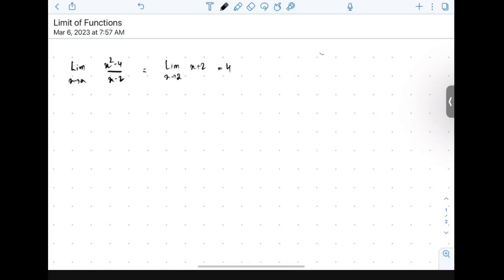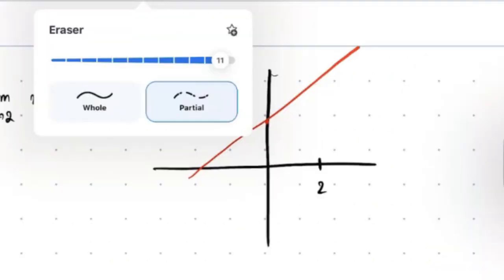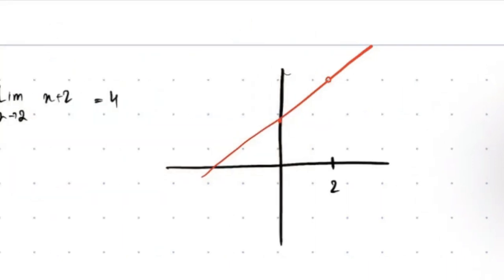So the basic idea is that if you draw the graph of this function, it will be the graph of x plus 2 only. But since at 2 it's not defined, there will be a small gap here at 2. The rest will be all defined similarly. Even if there is a gap, this function is going towards the value 4.